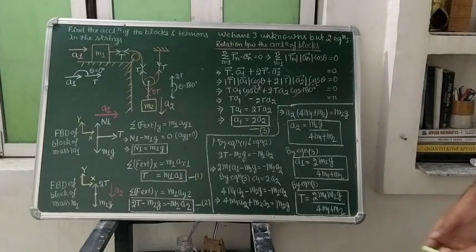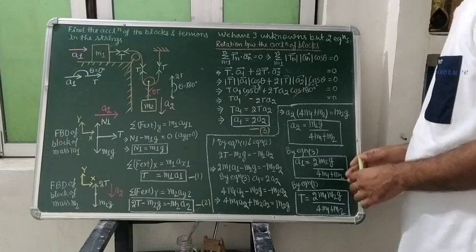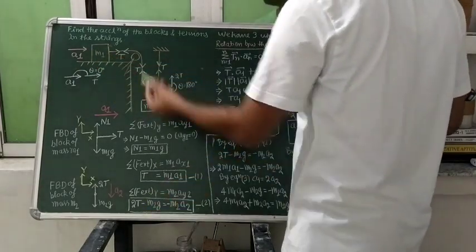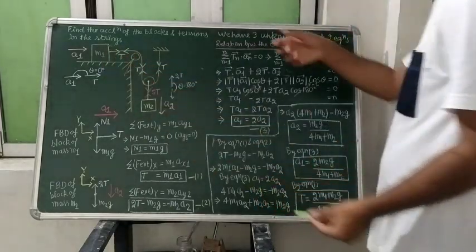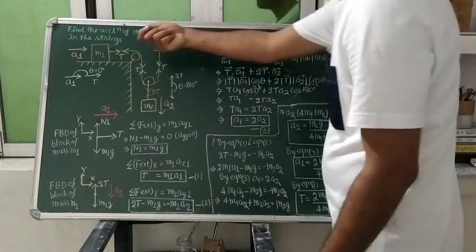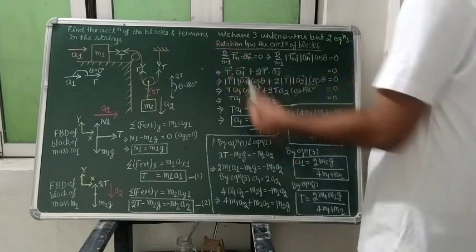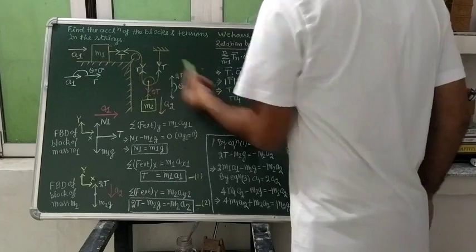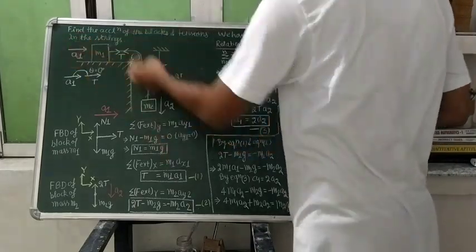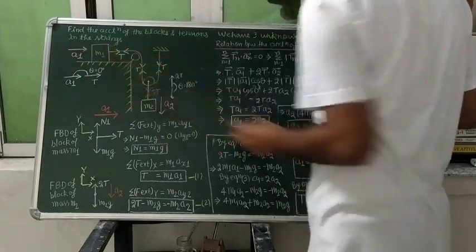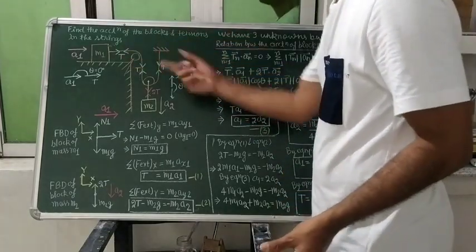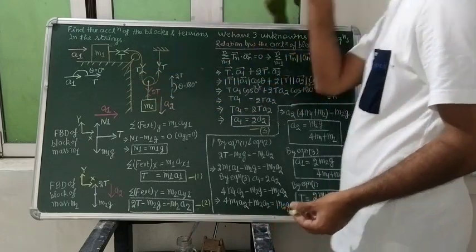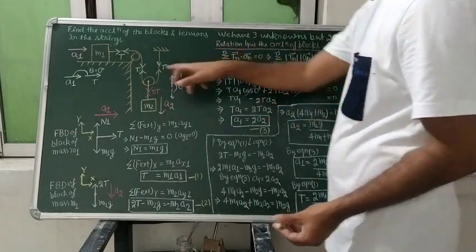So our first task will be to find the tensions. Of course, for this block m1, tension T will act in this direction along this string. It will have a pulling effect. For the object of interest, this pulley, the tension will be in this direction. So this tension will come in a pair. Since we are talking about a frictionless and massless pulley, the tension at each end of this string will be the same.